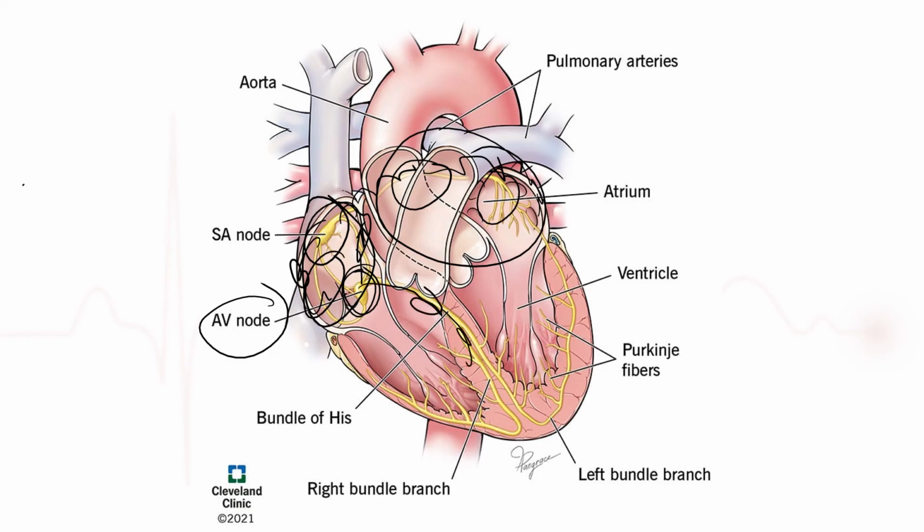Okay? And then after the action potential gets past the AV node fibers, it enters ultimately the ventricular fibers. And it propagates throughout all of the ventricular fibers at an incredibly rapid rate thanks to these conduction fibers, the bundle of His, the bundle branches, the Purkinje fibers. That's really what they do.